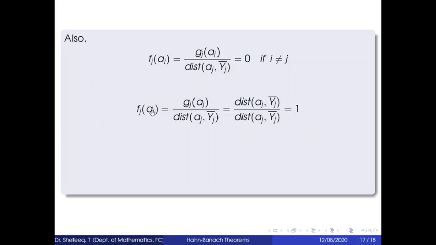This is when i is equal to j. That is, fj(ai) is equal to delta ij, that is, equal to 1 if i is equal to j, or 0 if i is not equal to j. So this completes the proof of theorem 7.10. Thank you.